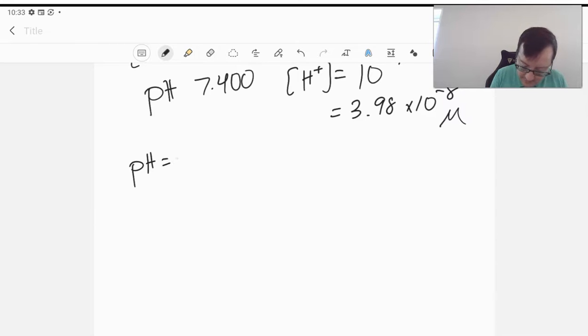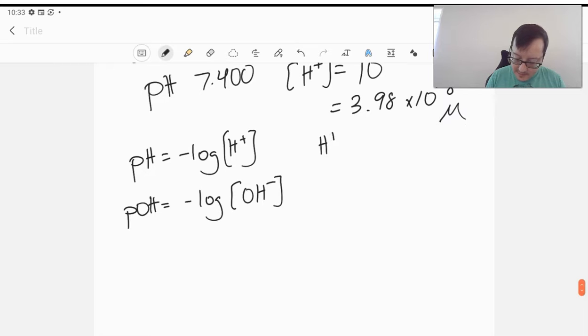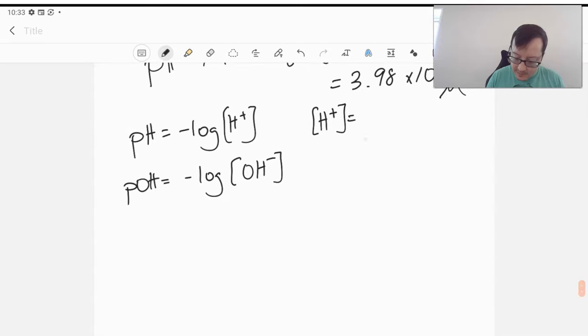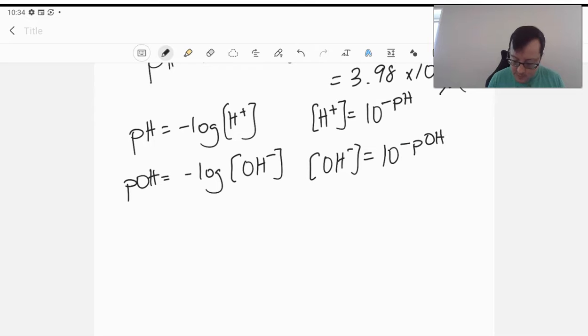So pH is negative log H plus. All right, pOH is the same thing, using hydroxide instead. H plus will be the inverse, so 10 to the negative pH. OH minus will be 10 to the negative pOH.